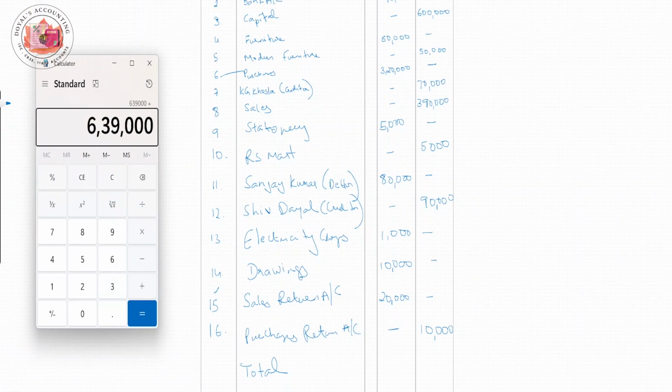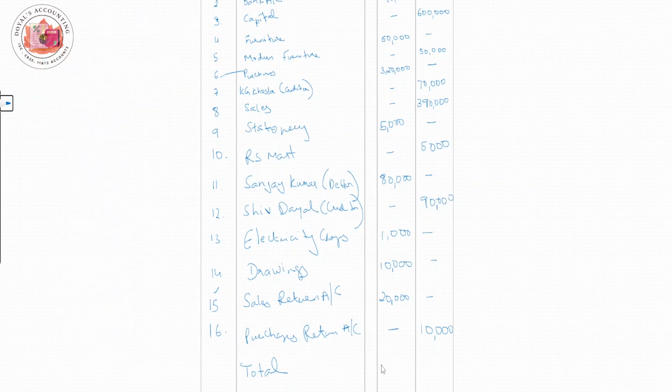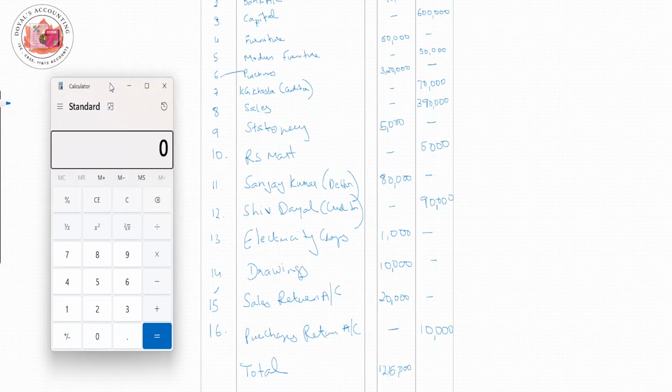6,39,000 plus 90,000 plus 50,000 plus 3,20,000 plus 5,000 plus 80,000 plus 1,000 plus 10,000 plus 20,000 gives me 12,15,000. Okay, so let me write down here 12,15,000. Now let's calculate the total of the credit side.